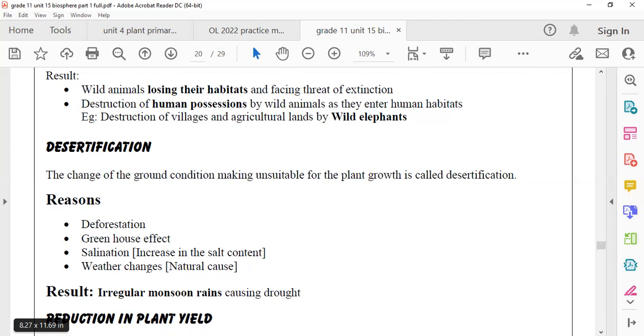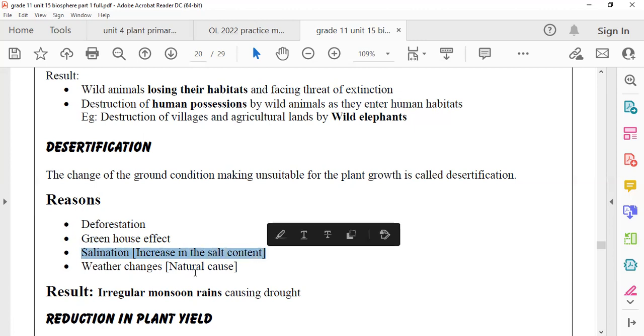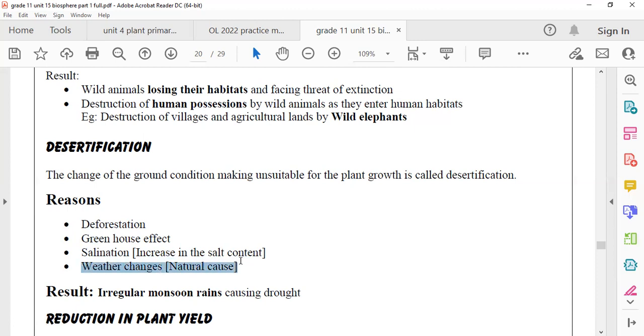Okay, what are the things that can cause desertification? Deforestation, who does it? Humans do. Greenhouse effect, who does it? Humans do. Salination, the increase in the salt level of the soil, is also done by human malpractices. And weather changes. Although it is pointed out to you as a natural cause, human activities are the main reason for that also.